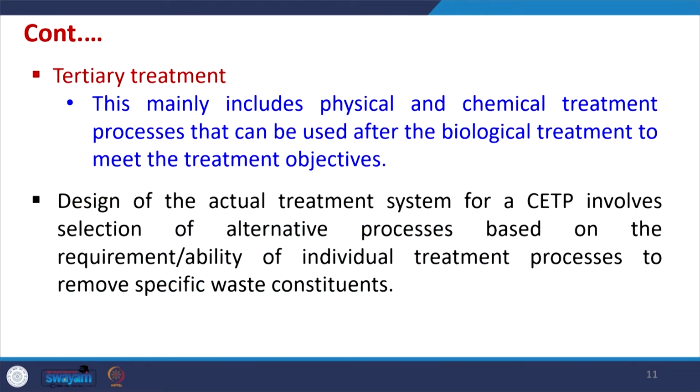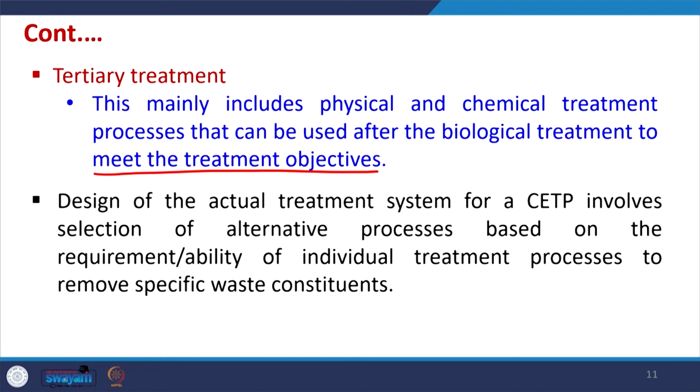Now, the tertiary treatment, which we have studied in detail, mainly includes physico-chemical treatment of wastewater after the biological treatment, and it is done to meet the treatment objectives and the discharge standards.